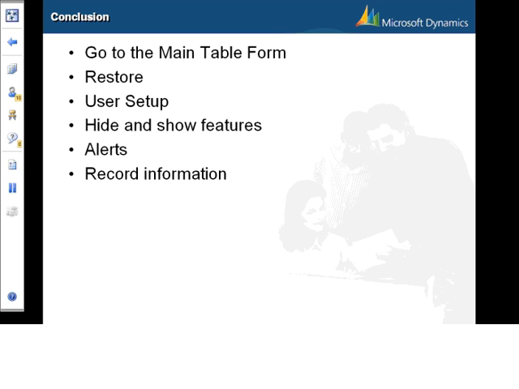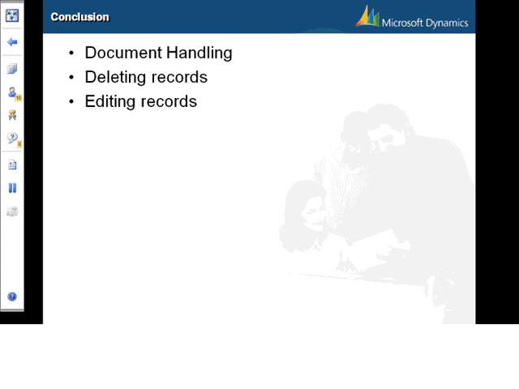So we finished with the first section of our course, and this section covered elements of the command menu, and this included the main table, restore, setup, hide and show, alert rules, record information, document handling feature, deleting records, and editing records.